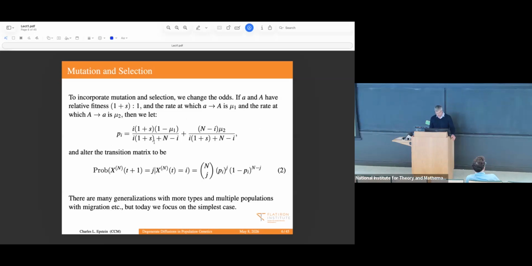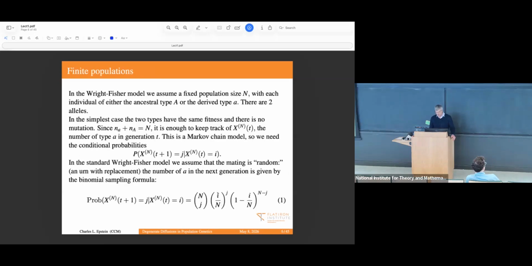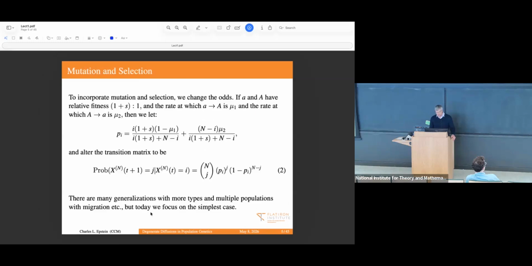You see here there's a certain probability, i over N, 1 minus i over N. We just change those probabilities. So we have the same binomial-looking formula, but we've changed the probabilities of going from type little a to type big A and vice versa, given by this formula that incorporates the rates of mutation up there and the rates of selection there and there.